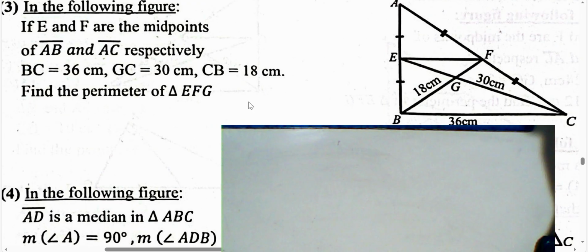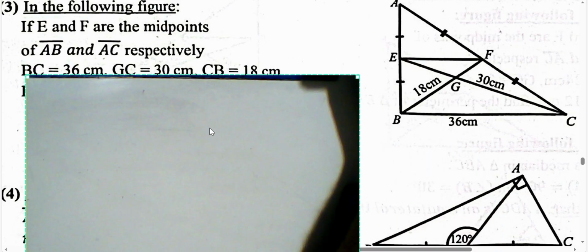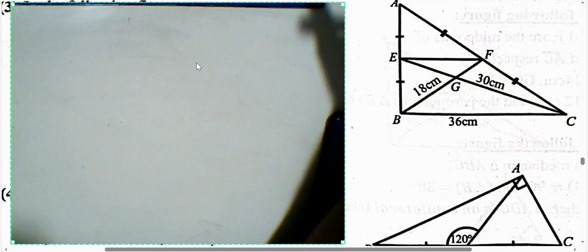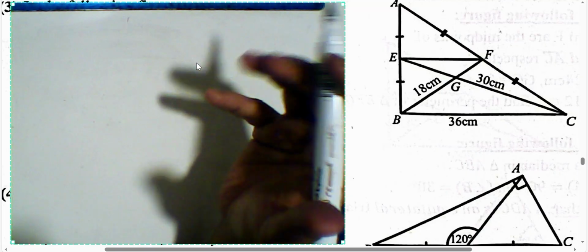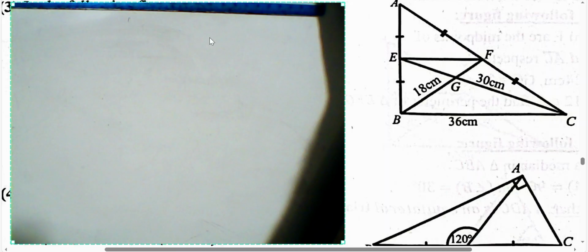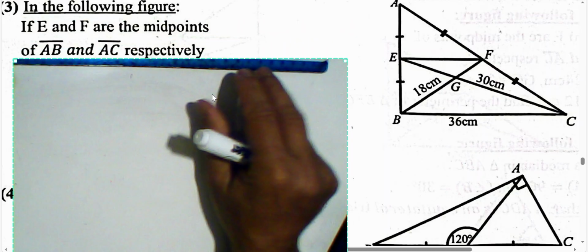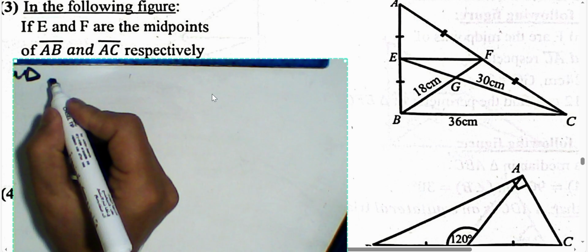The following figure: E and F are midpoints. You want to find the perimeter of this triangle. Okay, the same questions I solved from 5 minutes about model number 1, model 2. It's the same idea. First step, we can write the first line from this information. In triangle ABC.